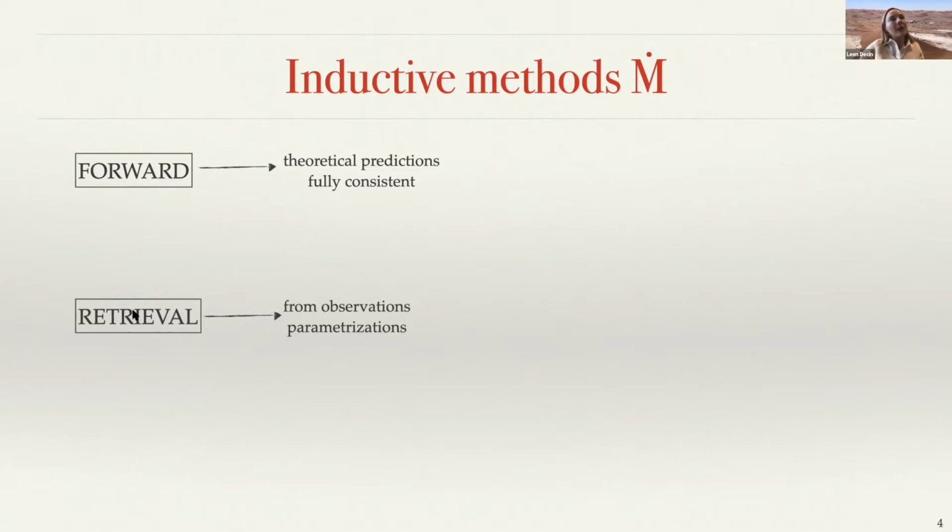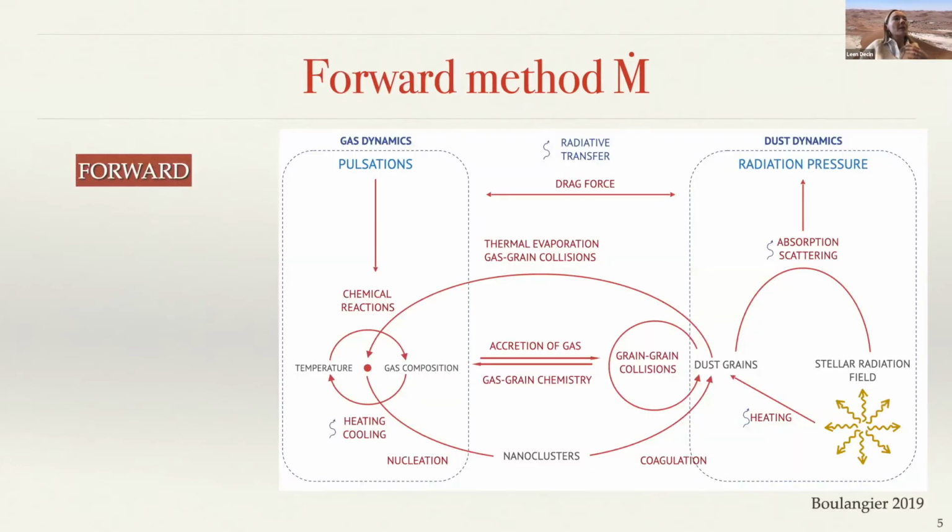If we're thinking about these AGB stars and red supergiant stars, just in a schematic way, this is what we should be able to do. We have to think about the gas dynamics, since these stars are pulsating, and the various chemical reactions that go from atoms to molecules, from molecules to dust species, how it interacts with the radiation pressure, so with the photons of the star, and how dust and gas interact with one another.